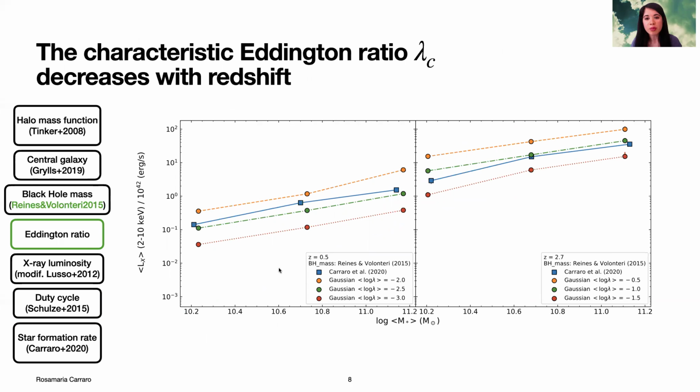The simulated samples that best reproduce the data have a mean Eddington ratio that goes from 10 to the minus 1 at redshift 2.7 and decreases to 10 to the minus 2.5 at redshift 0.5. We see that we need a lower characteristic Eddington ratio at low redshifts, and it might be lower than previously thought.